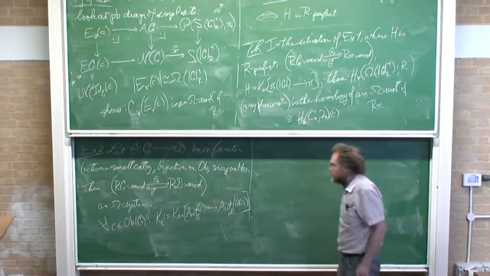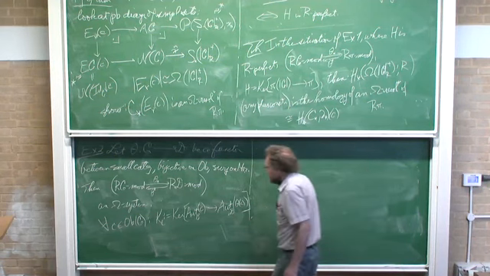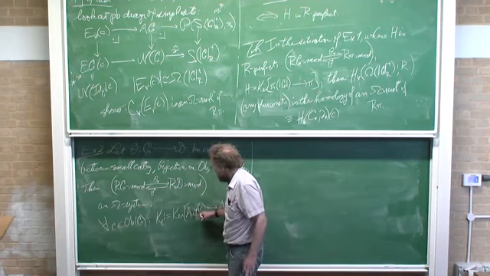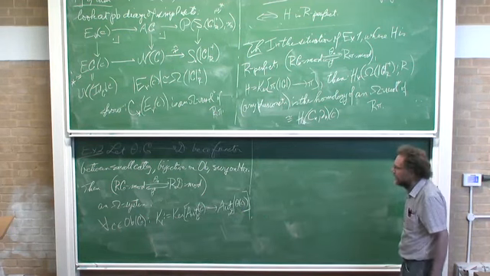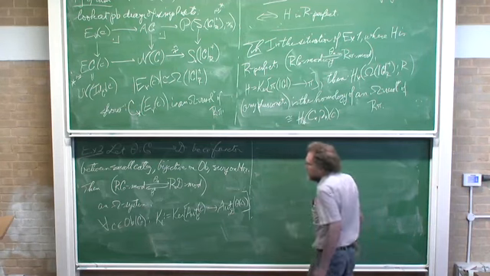I'm not assuming that it's an EI category or anything like this, so there could be endomorphisms that are not isomorphisms, but I'm looking only at the automorphisms here.